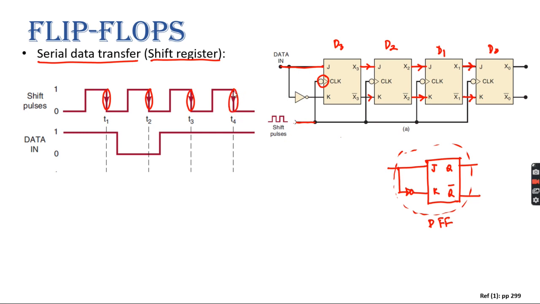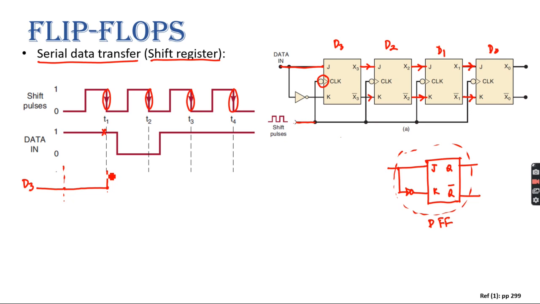Yes, sir. So now whenever you have the data in, suppose before this pulse is provided to the flip-flop, if we consider D3, the output of D3 is 0, so it will remain 0 until we get the first negative edge, right? Just before the first negative edge, what is the value of the data input? 1, right?